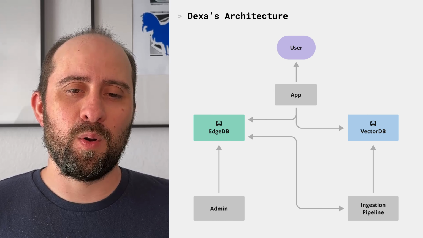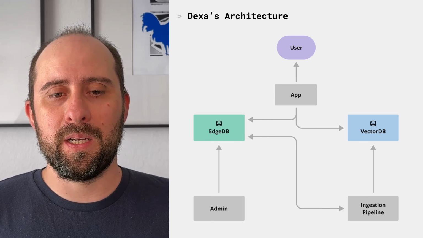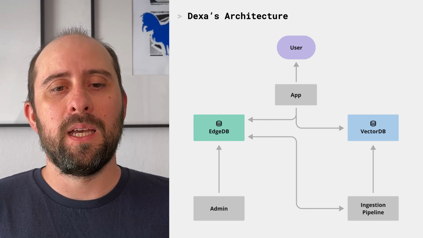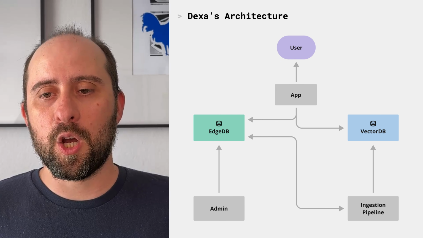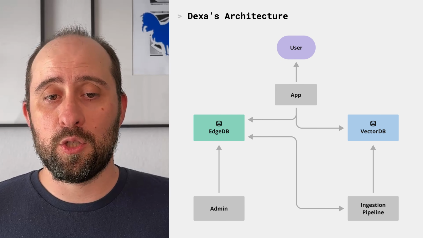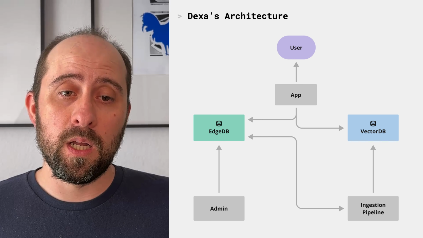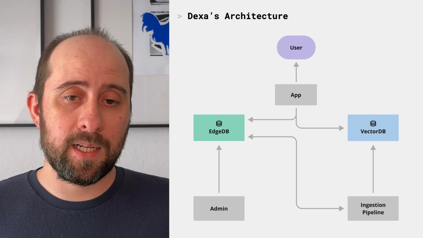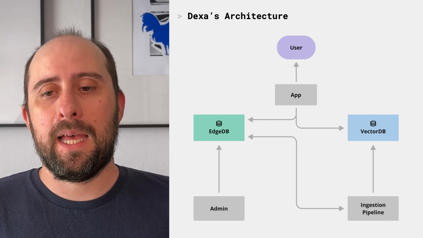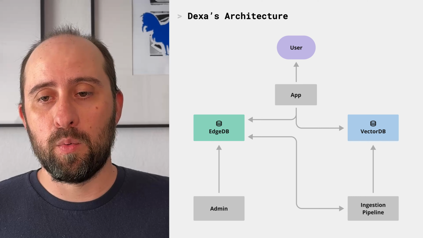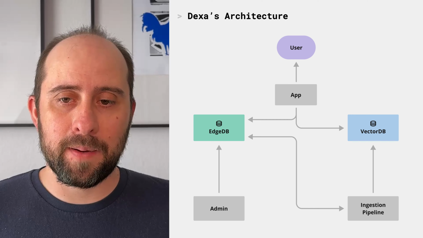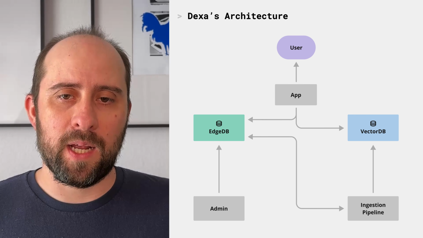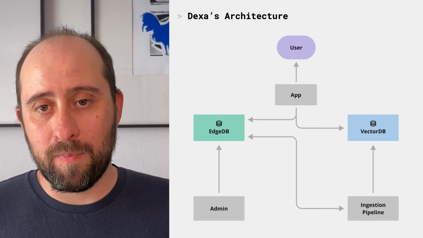So EdgeDB for us is both the data plane and the control plane, because as admins we control what data needs to be added to our systems, and the ingestion pipeline is able to poll EdgeDB, get the information, download the content, transcribe it, and store it back to EdgeDB, because EdgeDB is our data source of record for all the data in our systems, including embeddings. From there, we can create the index that we store in our VectorDB to be used by the app at inference time in our serving pipeline. That's how we get answers back to users and are able to reference back to where their content came from.